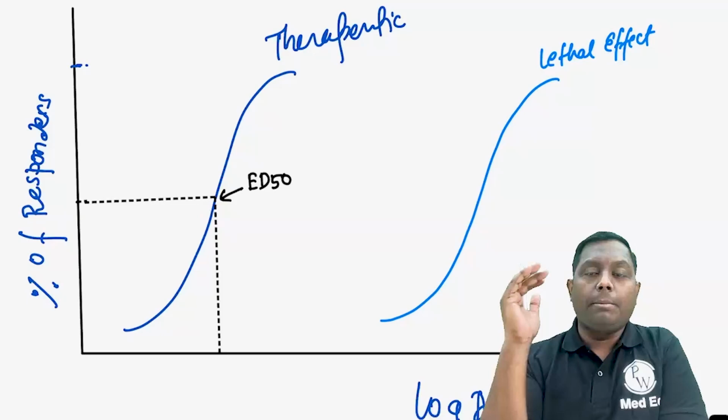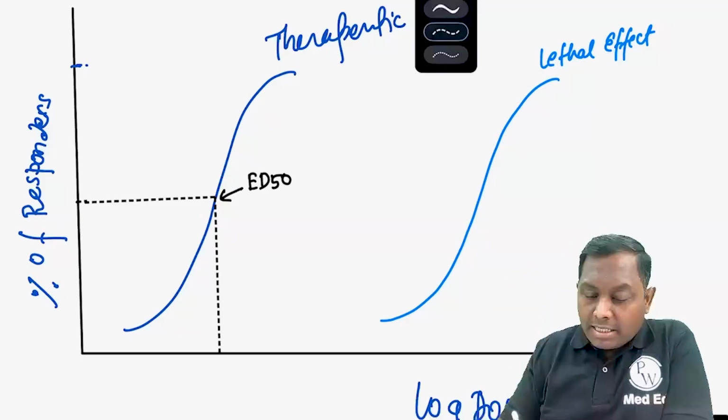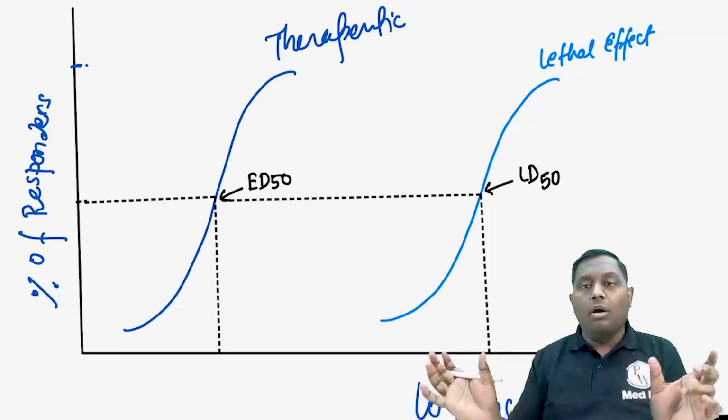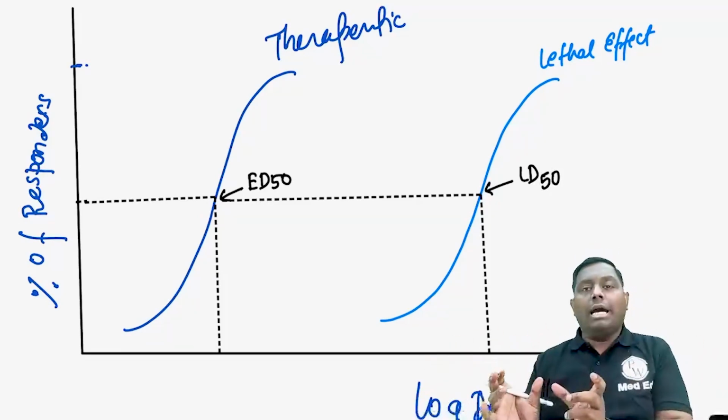However, if the dose increases, it can actually kill. A dose that can create lethal effect in 50% of the experimental population is called LD50. So this is given the name LD50, lethality.